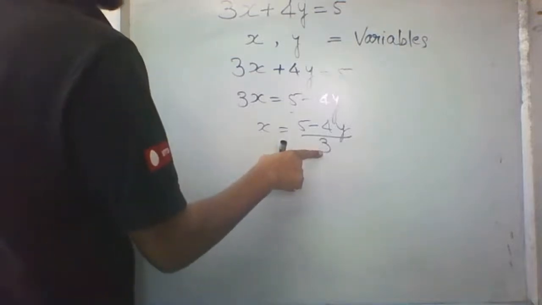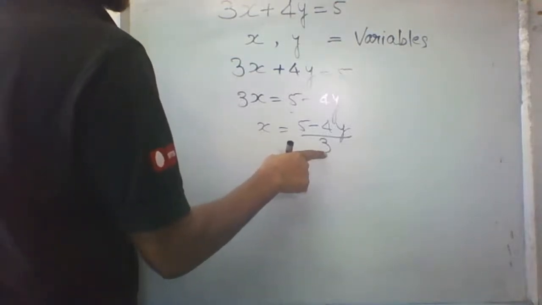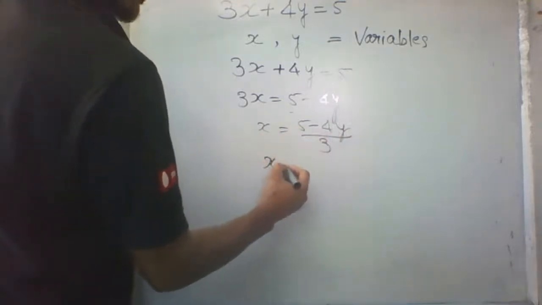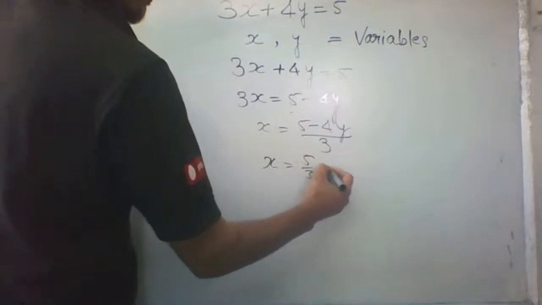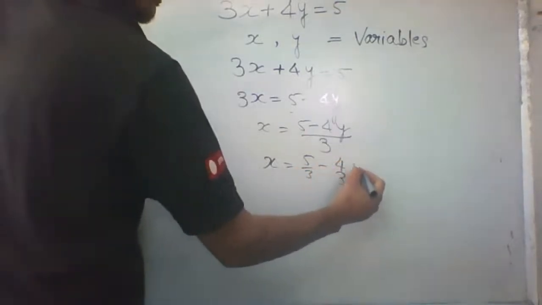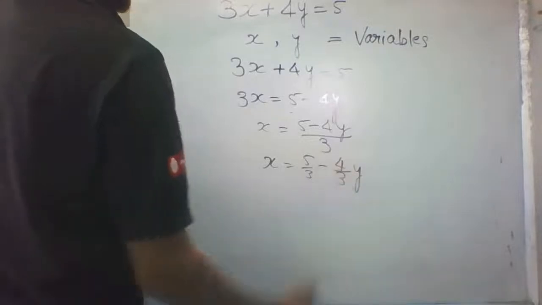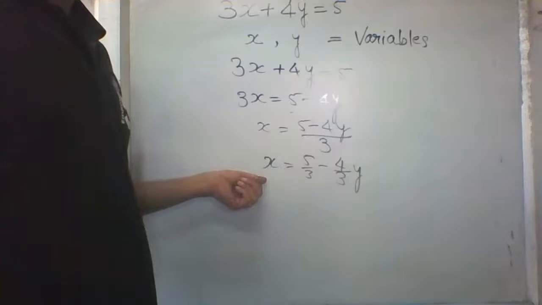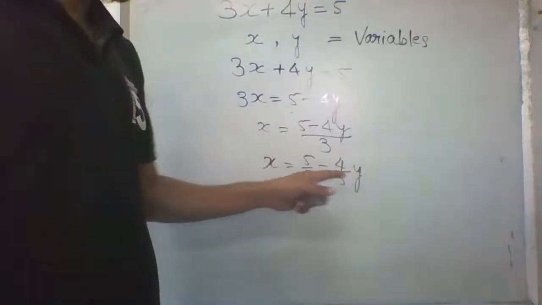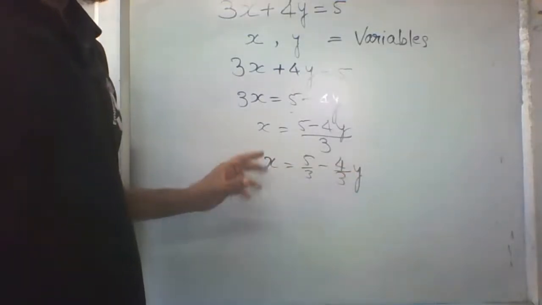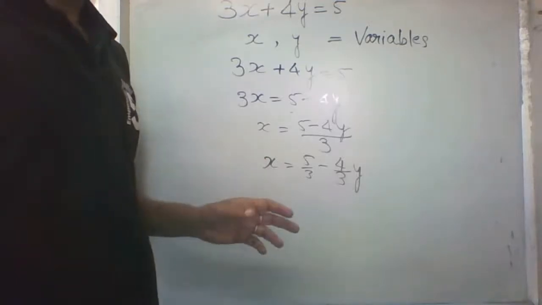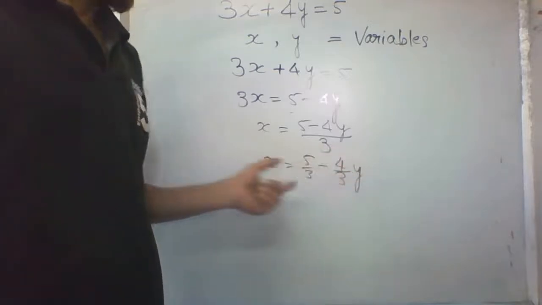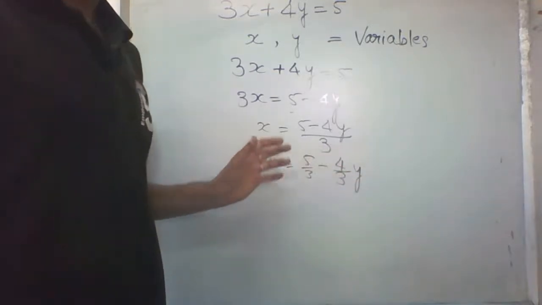Now this 3 is a kind of LCM, so it is a part of both 5 and 4y. So x would be 5 by 3 minus 4 by 3 y. Now x is the subject and it depends on the numerical value of y, so x is known as the dependent variable.